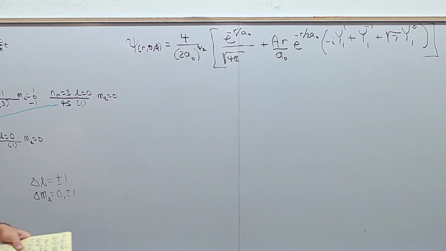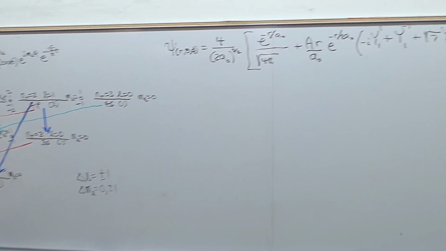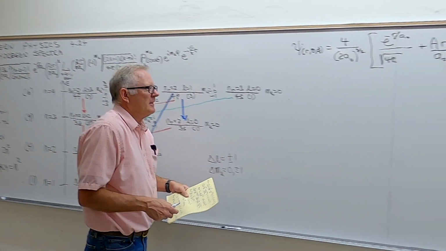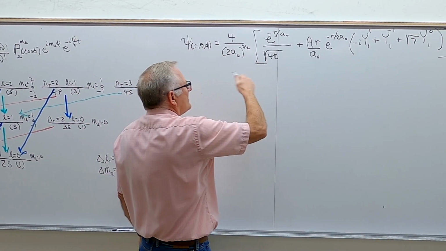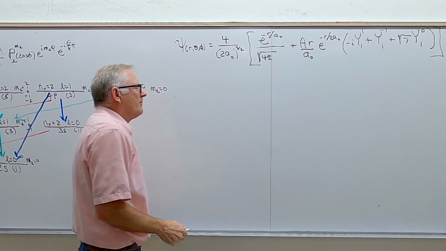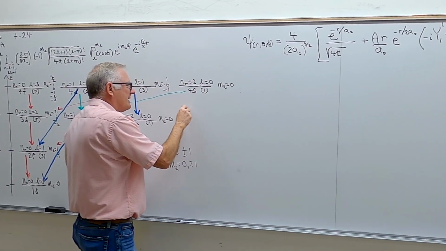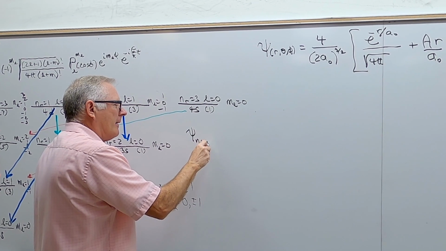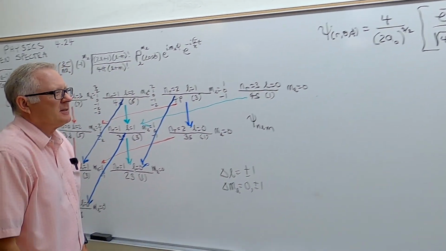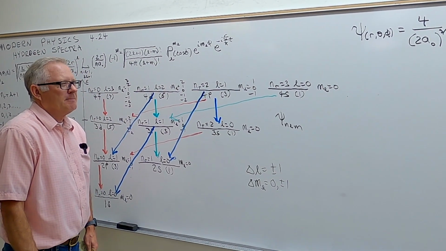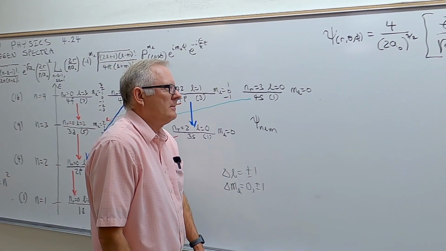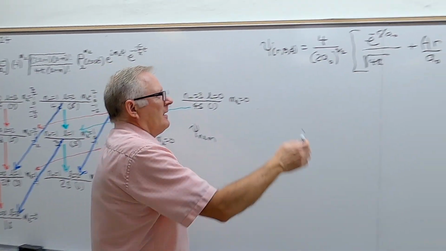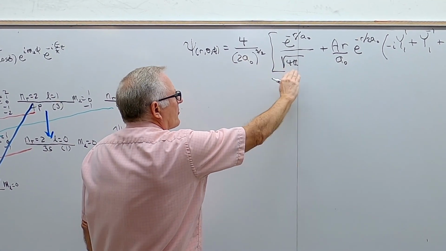Now, instead of working with this all in terms of r's and all that stuff, I'd like to put these all in terms of my psi nlm's. I should be able to do that on the right side. Maybe I'll multiply this through first.